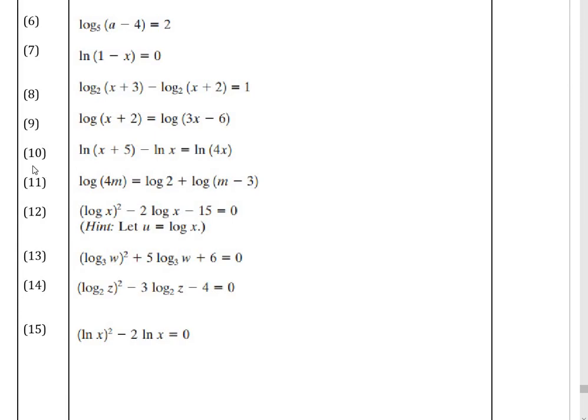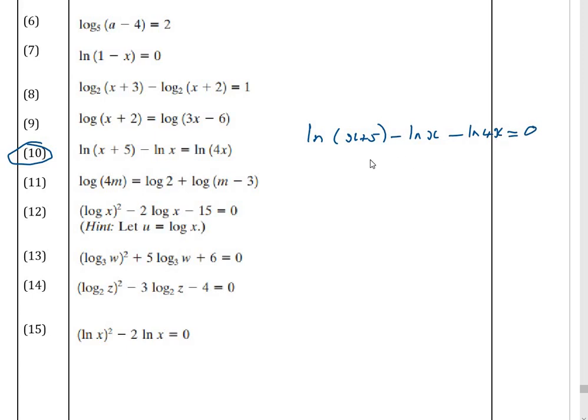Let us do number 10 together, where we have the ln now. So ln(x plus 5) minus ln x minus ln 4x must give me 0.